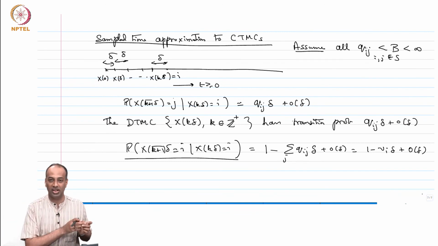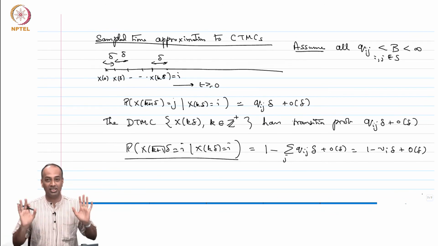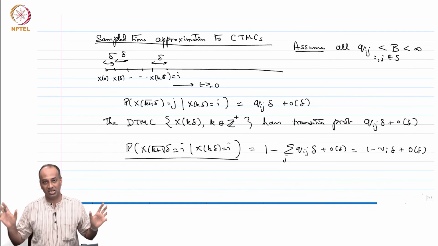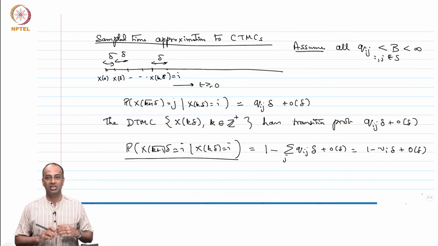Whereas, if you solve for the steady state of the embedded Markov chain, you will get the fraction of transitions into state i, okay. So, there are two different things. We will see this in more detail. At a high level, I just want you to understand that there are two different DTMCs corresponding to a CTMC. One is the embedded Markov chain, the other is the time sampled Markov chain. Their steady state probabilities are different, they are not the same, and they may mean very different things. Okay. So, today we will stop here.